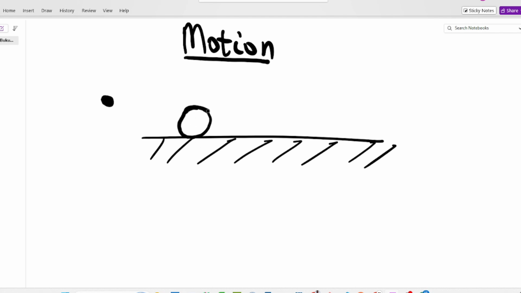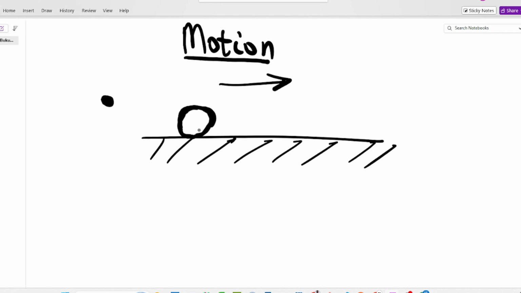How do we know that a motion has occurred? A body is said to be in motion if, as time is always moving, the body's position changes with time, then we say that motion has occurred.